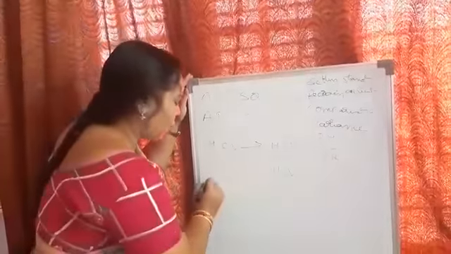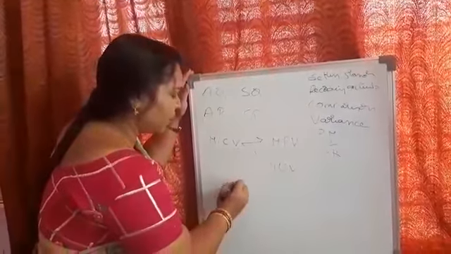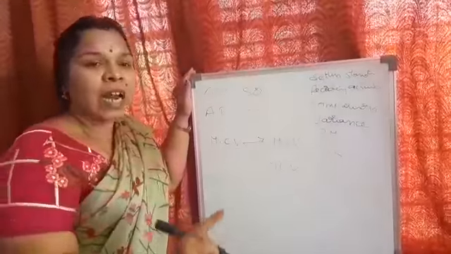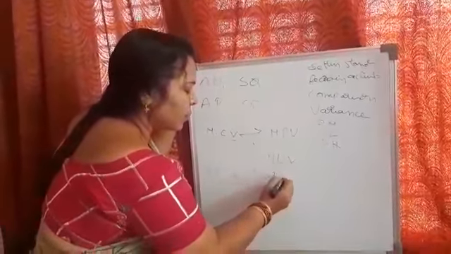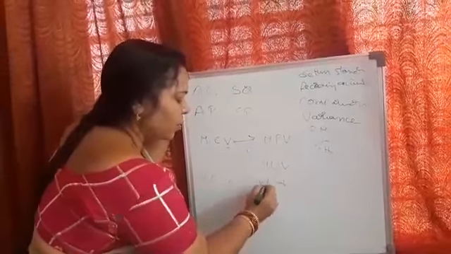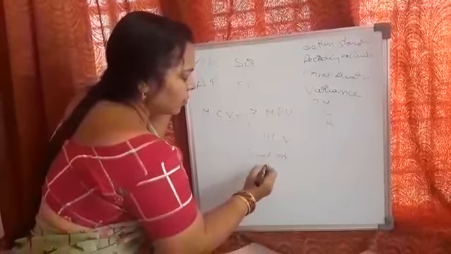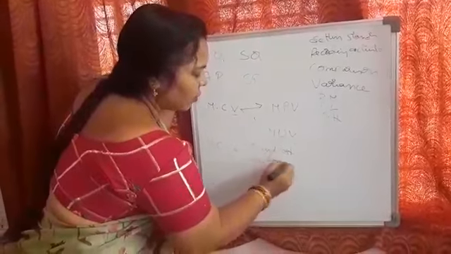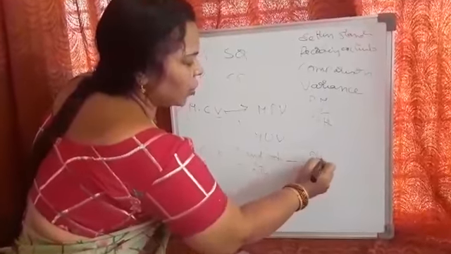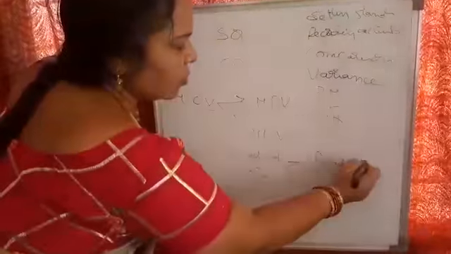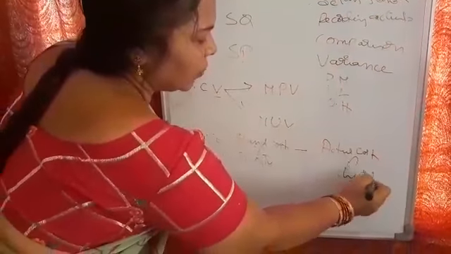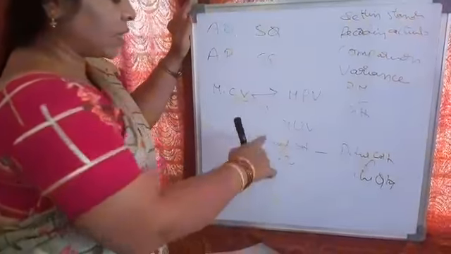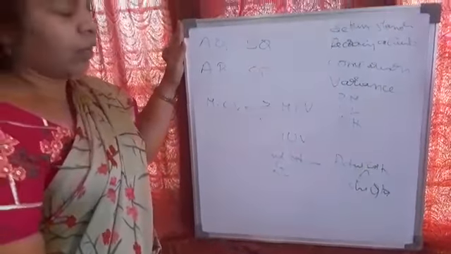So the material cost variance is equal to your standard cost for standard quantity minus actual cost for actual quantity. How will you find this standard cost for standard quantity?